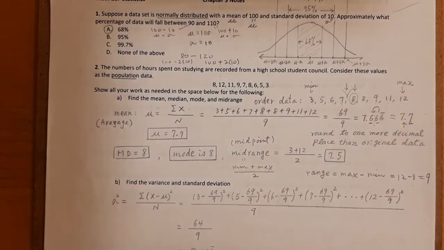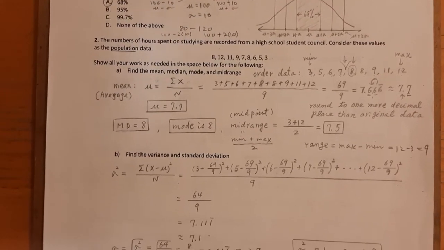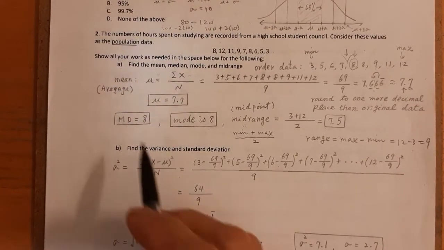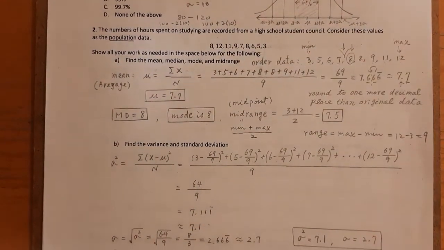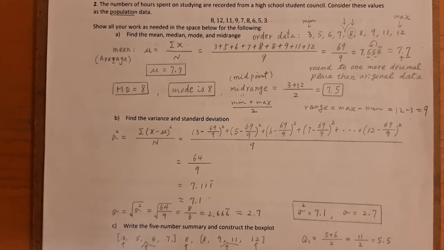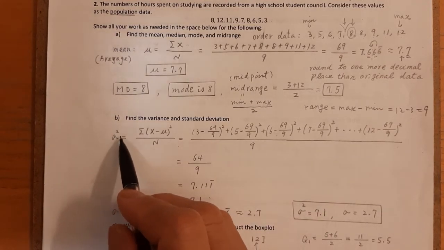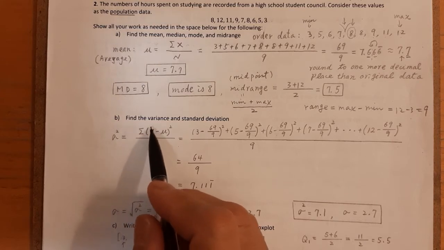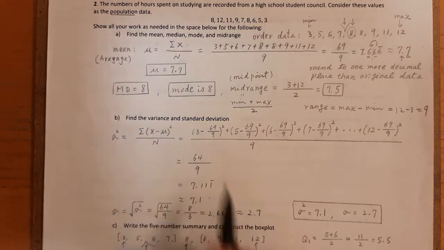So next example, find the variance and the standard deviation. The variance formula is sigma squared equals the summation of quantity x minus mean squared divided by n.